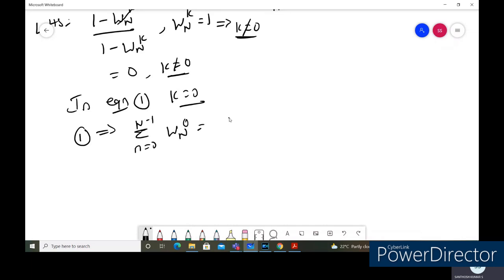Omega N to the power of 0 is ultimately 1. So summation n equal to 0 to N minus 1 of 1, summed N times, becomes equal to capital N. This is for the value k equal to 0.